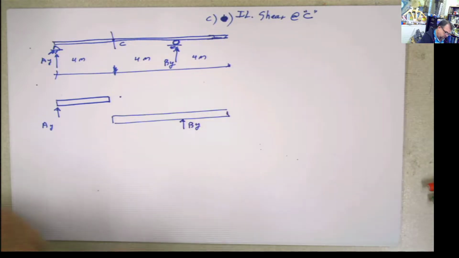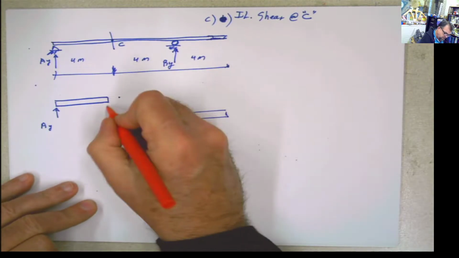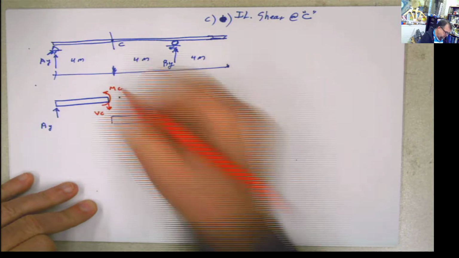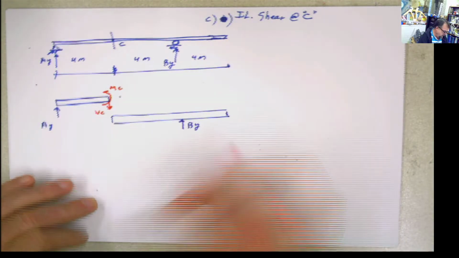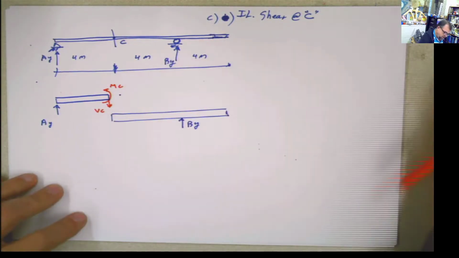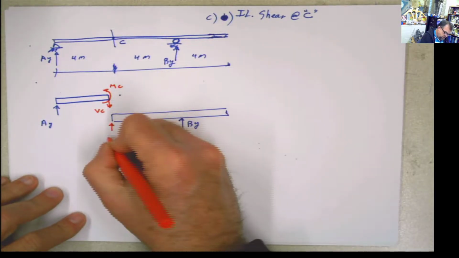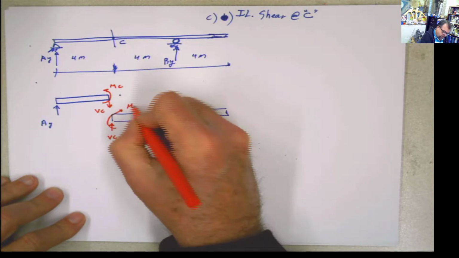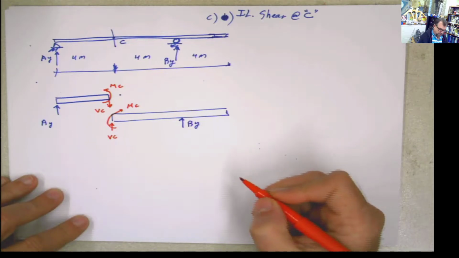If you use this side of the beam, the correct direction for the shear is going to be like this, and the moment direction is going to be like that. Now, for the other part, the convention that we're using for shear is that, and the direction for the moment is that one over there.